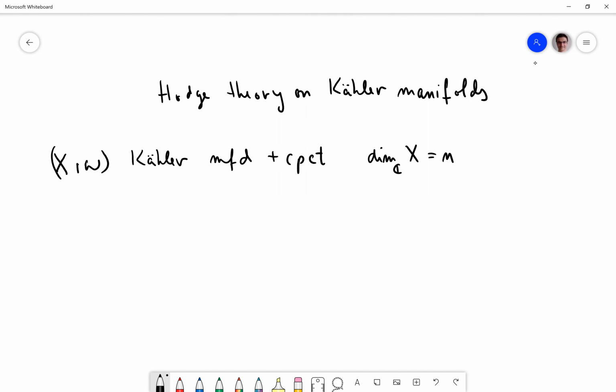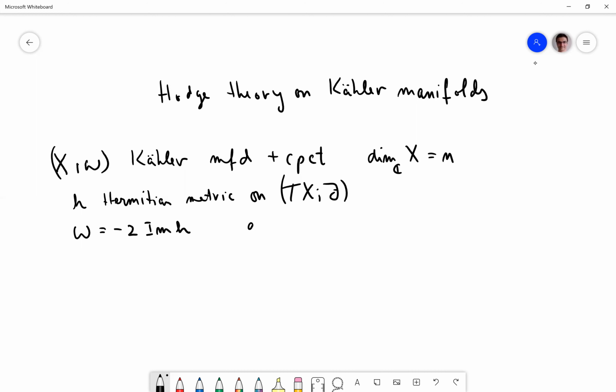As you know, in this setup you start with H, a Hermitian metric on X with the complex structure. And then omega, the Kahler form, is nothing but negative twice the imaginary part of H. And then you also get a Riemannian metric G that's twice the real part of H.